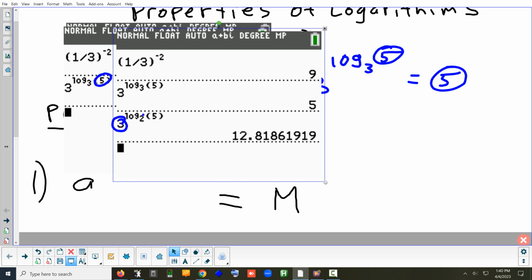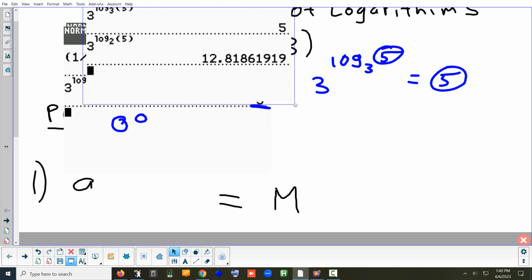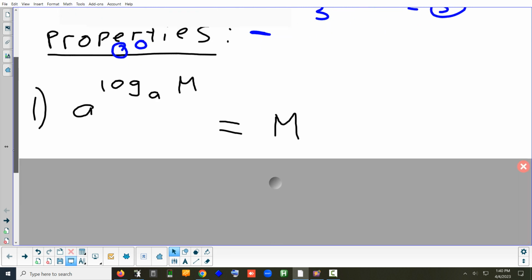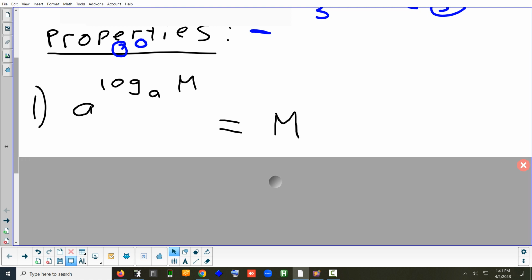These numbers have to be the same for that pattern to work. Okay, so that's our first property. And I will show you why some of these properties are true. I'm not going to do that one right now. Okay, let's look at the second one.